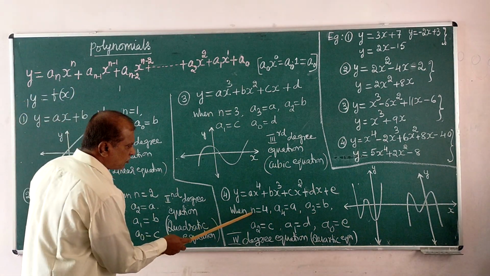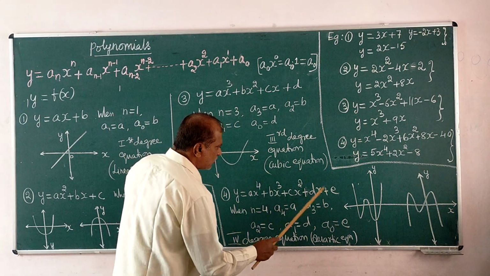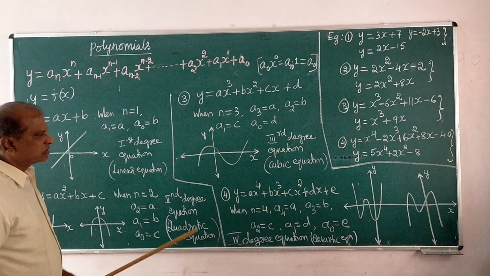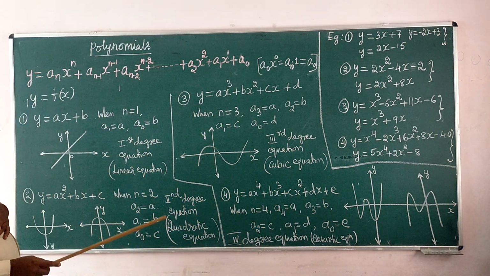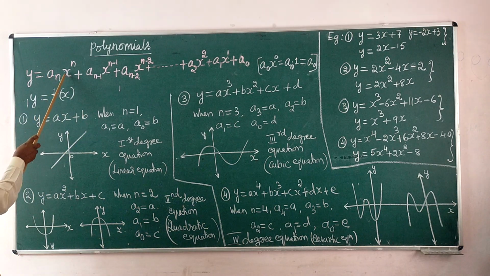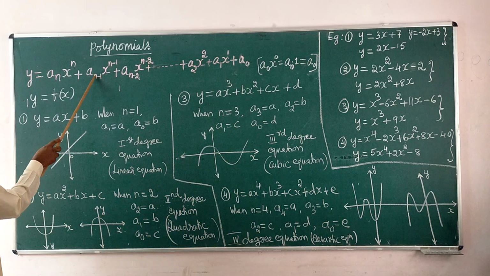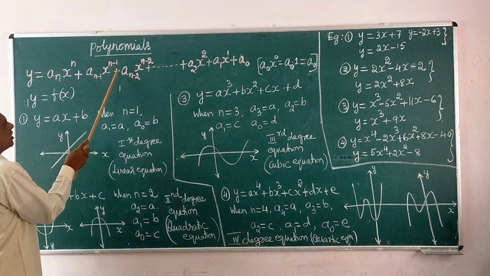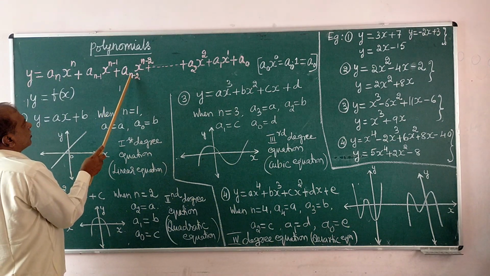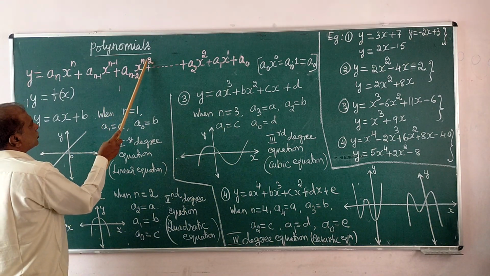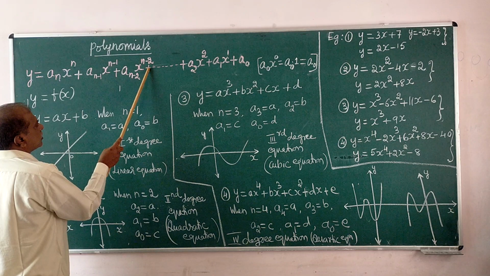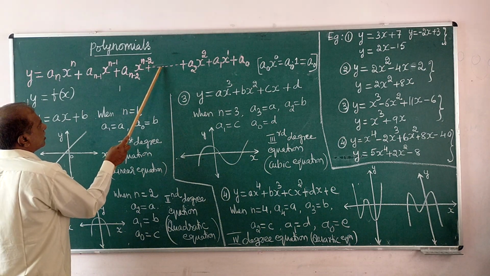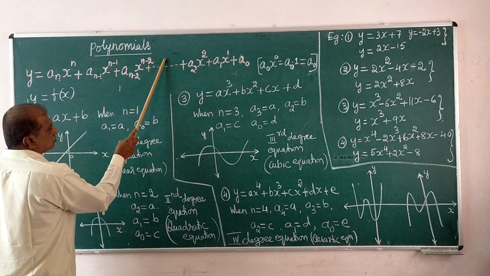When you put n equals 4, you can write it yourself: a4 x to the power of 4, then a3 x to the power of 3 as the second term, a2 x to the power of 2 as the next term, and a1 x to the power of 1.